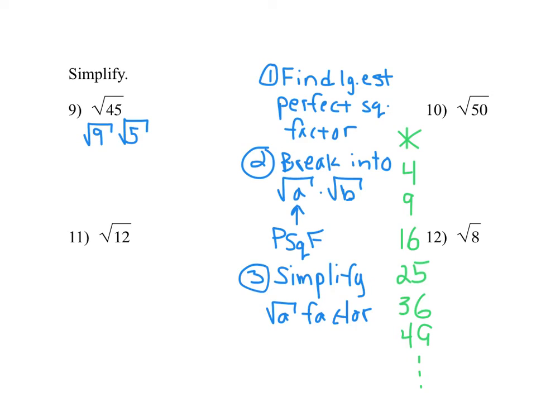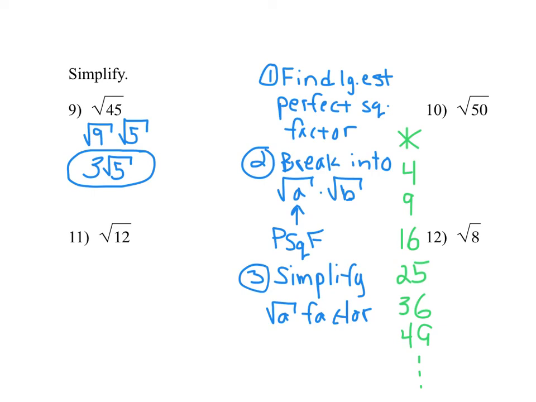Now the reason for that is because we know that the square root of 9, as we're looking here in step 3, is simply going to become 3. And so my final answer for simplifying the square root of 45 and going through our 3 steps is going to give us 3 times the square root of 5, or sometimes you hear me say that, 3 radical 5.